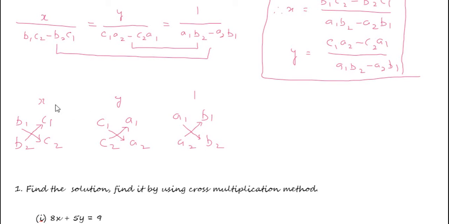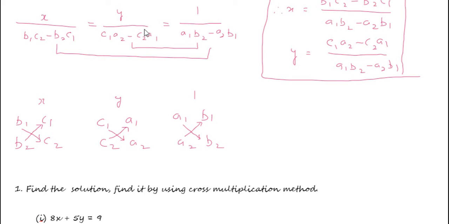So from this matrix you can write this relationship, that is x divided by b1 c2 minus b2 c1 equal to y divided by c1 a2 minus c2 a1 and 1 divided by a1 b2 minus a2 b1.